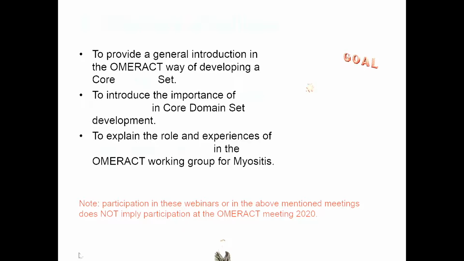And today we will specifically look at the first step, which is about developing a core domain set. We will introduce the importance of patient involvement in this process and specifically explain the role and experiences of a patient research partner in this process.